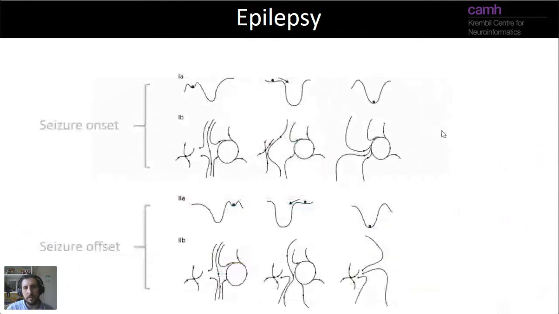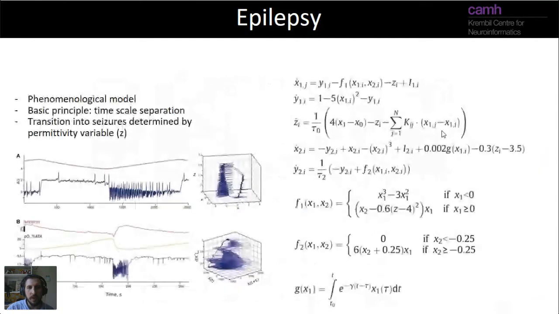One of the things that's been studied quite intensively by some of my colleagues in France, Viktor Jirsa and co, is the behavior of the transition to seizure. They developed a model they call the Epileptor, which cycles through periods of high frequency spiking seizure activity and reproduces a lot of the phenomenology of seizure behavior.